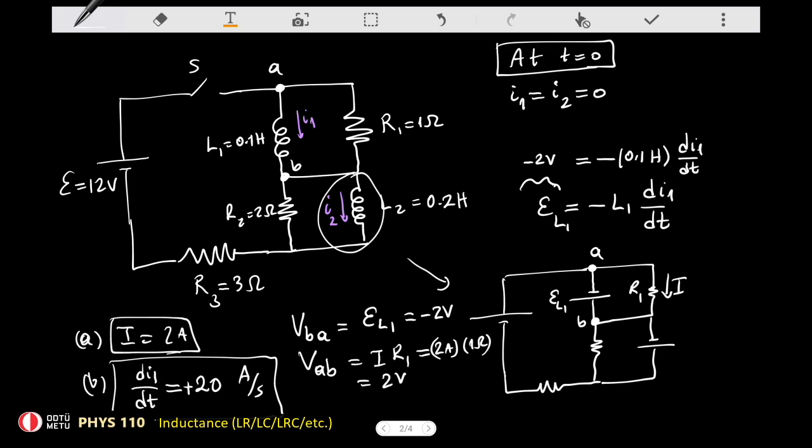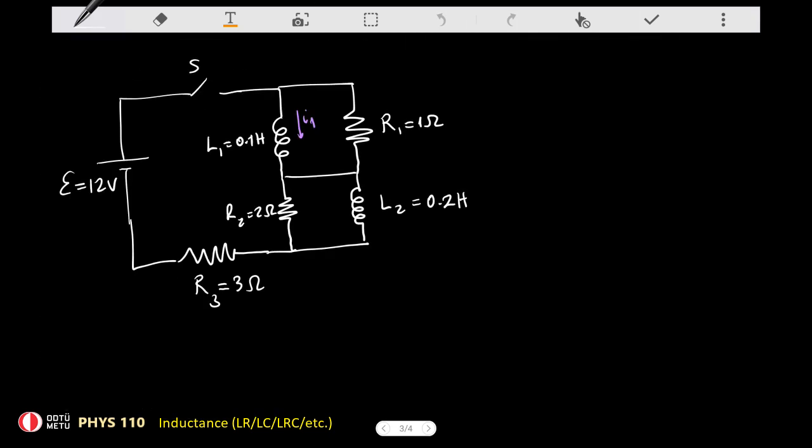So let's then pass to the questions at t equals infinity. The switch has been closed for a long time, basically. So this is the circuit.